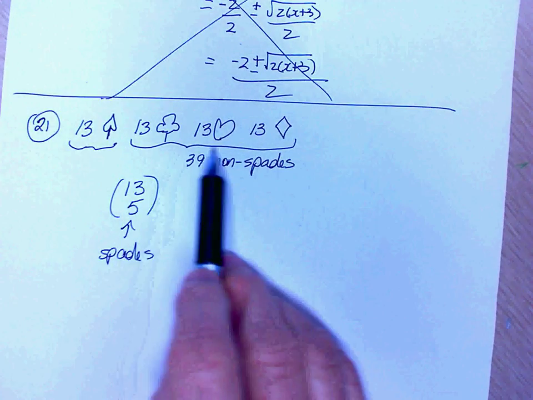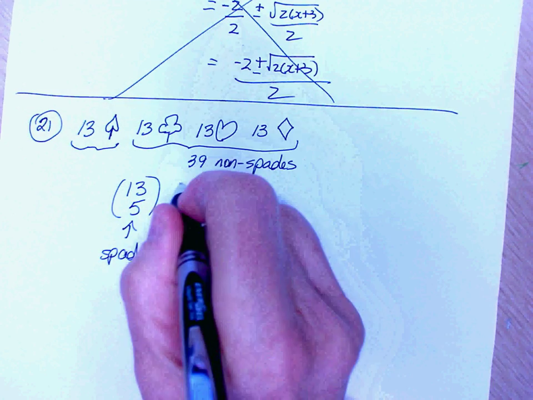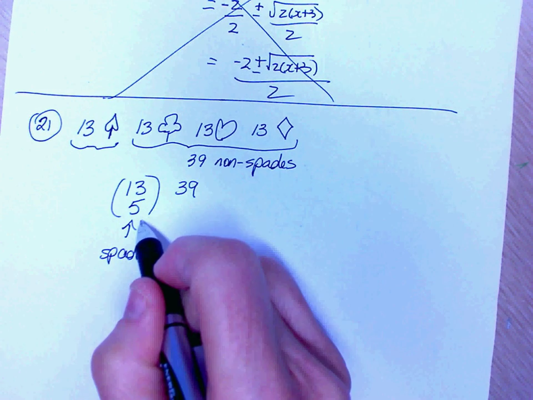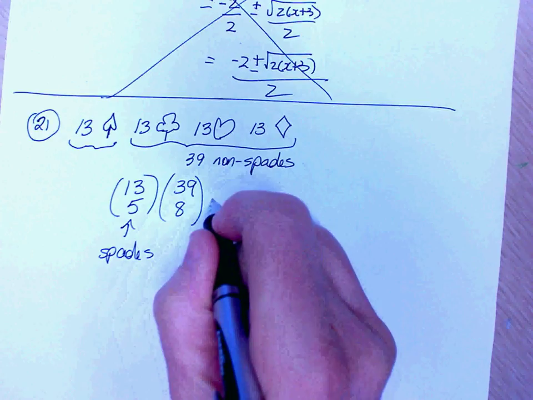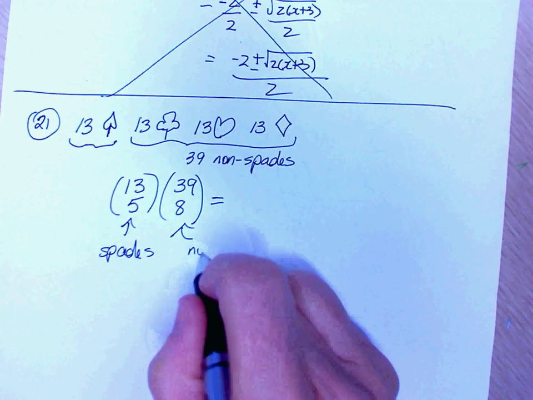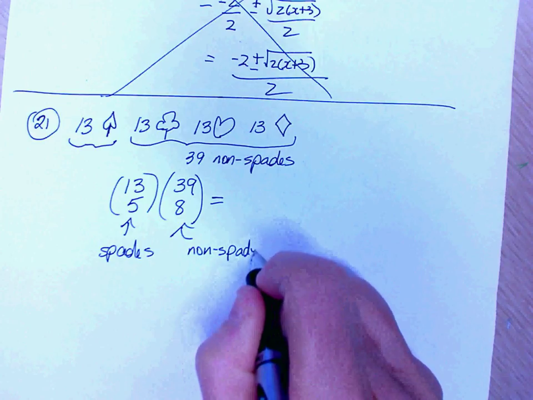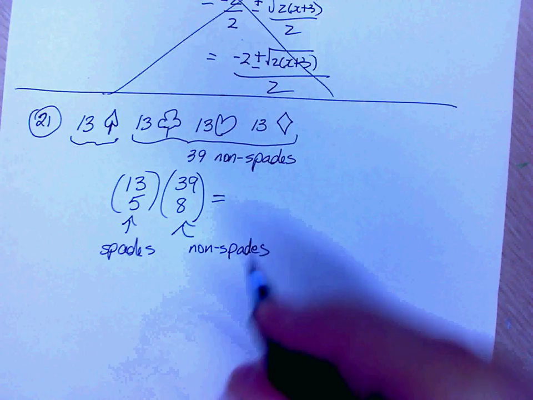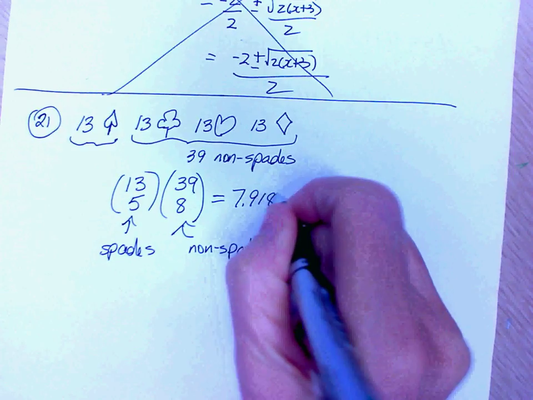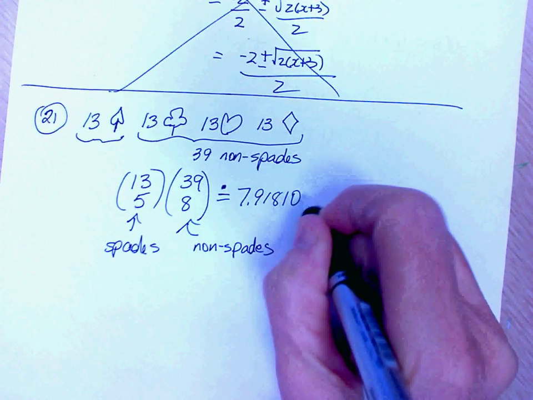Out of the 39 cards, I need 13 in total, so I'm going to have to choose 8 more cards. 5 plus 8 is 13, so we have our 13 cards. 13 choose 5 times 39 choose 8, and I get some ridiculously large number.